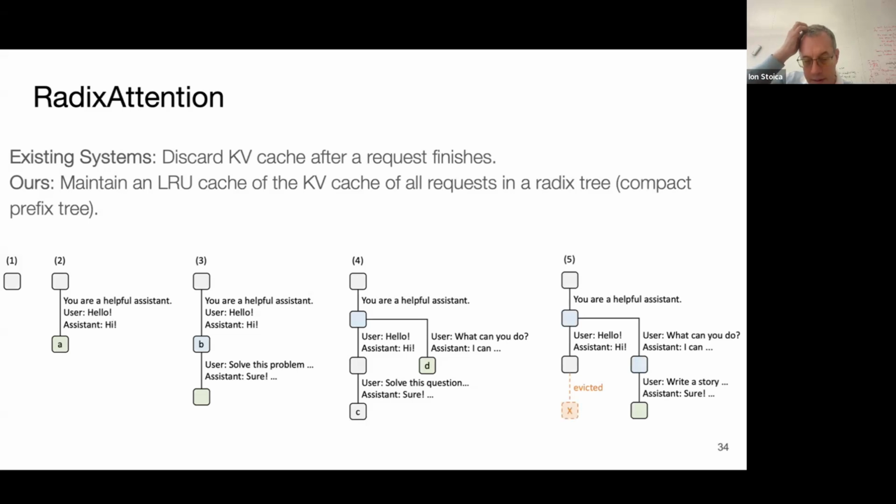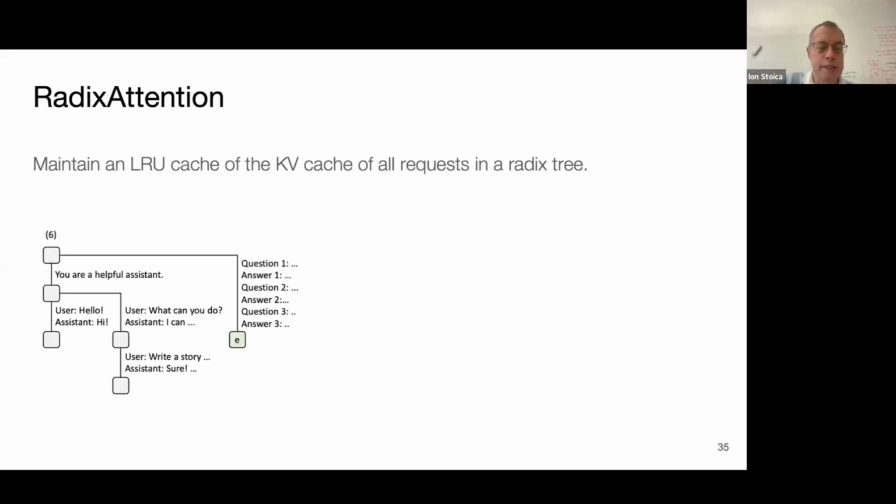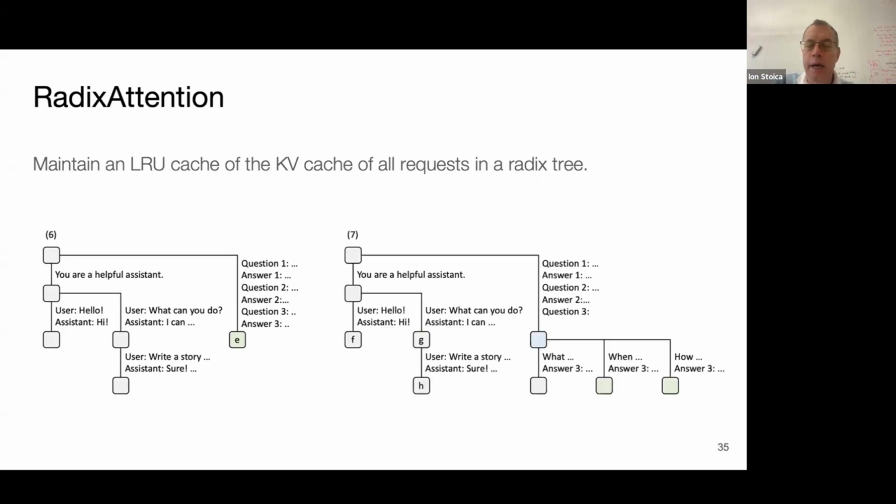And things get more complicated. For instance, here, you are going to have another conversation with 3 interactions, 3 questions, 3 answers, and then you can share that. And this is what it shows here.